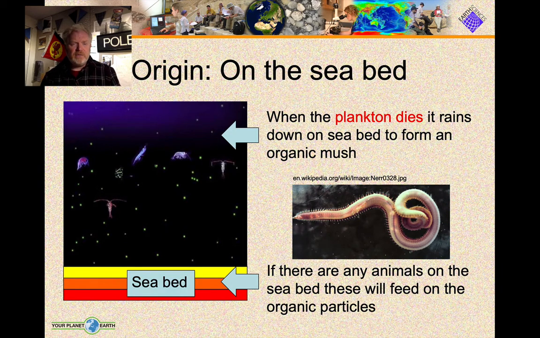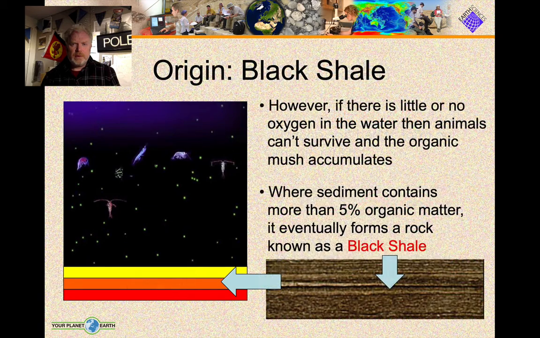This can then be food for bottom feeding animals, benthonic organisms. But if we have an anaerobic environment, we don't find these scavenging organisms, these detrital feeders. As a result, this organic mush will accumulate.